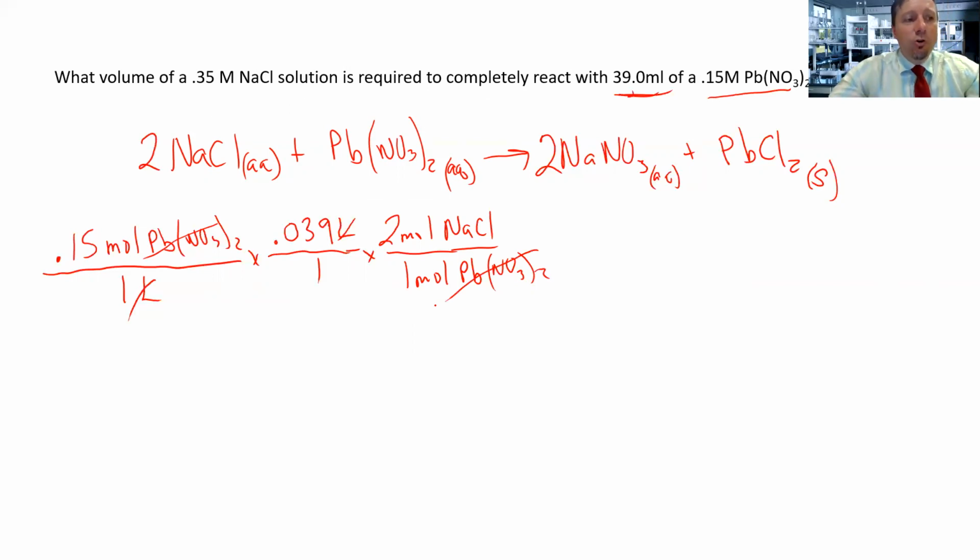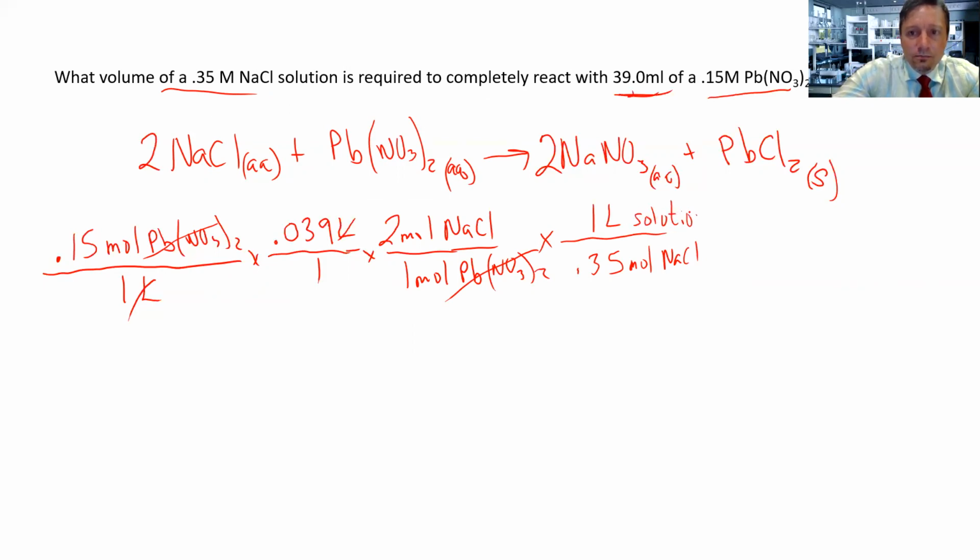So now I'm in moles of NaCl, but I don't want to be in moles of NaCl. I have to cancel my moles. I know what that is right here. I have 0.35 moles of NaCl in 1 liter of solution. And my moles of NaCl cancel off. So here I went from molarity, canceled my liters, did my mole conversion, and went back to molarity.